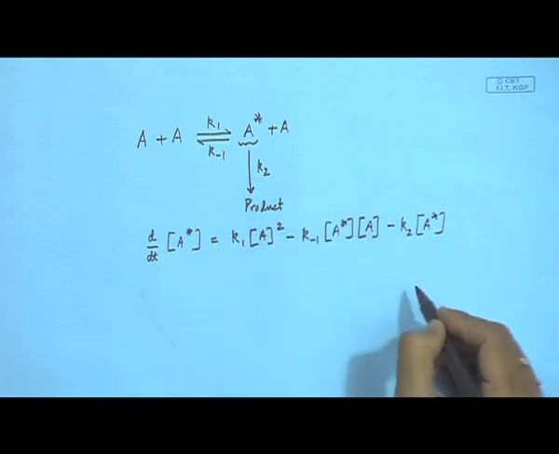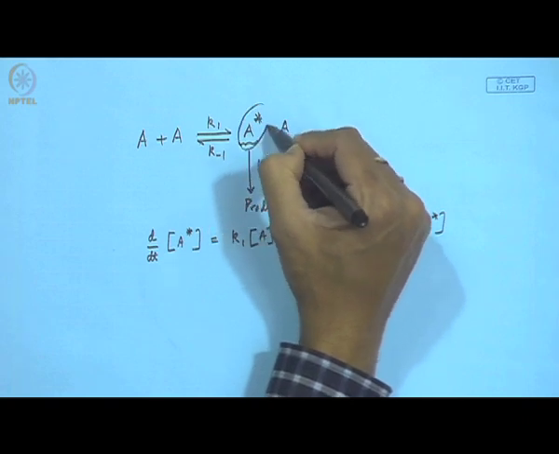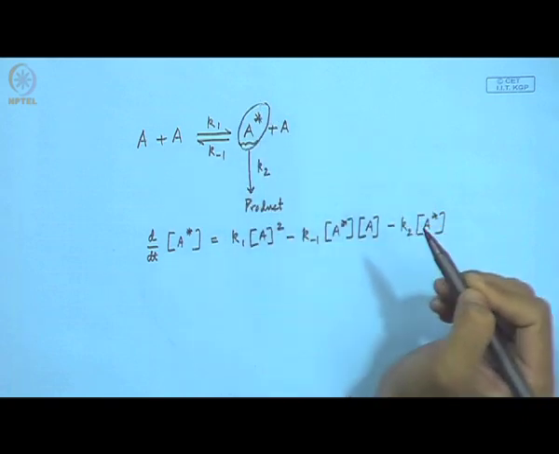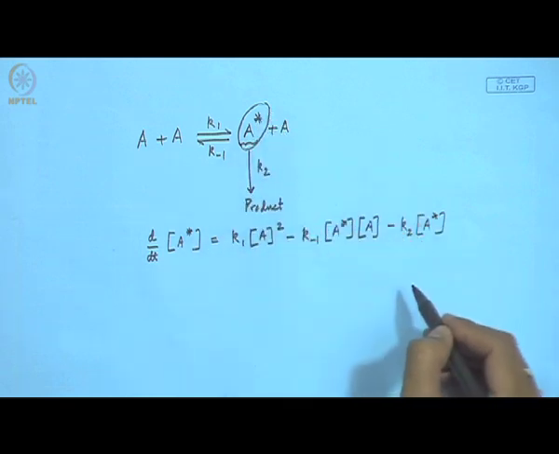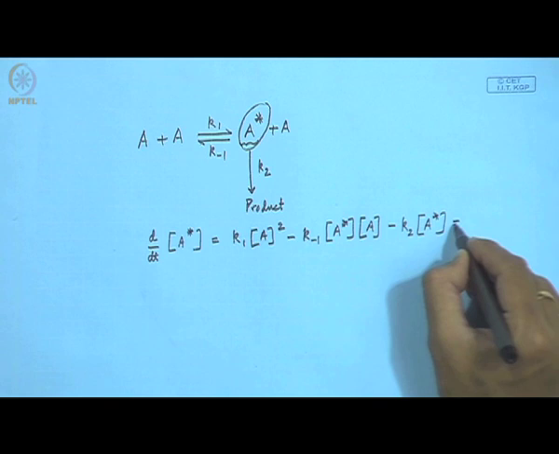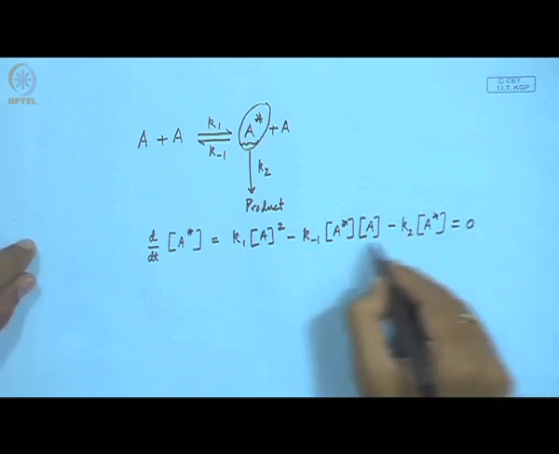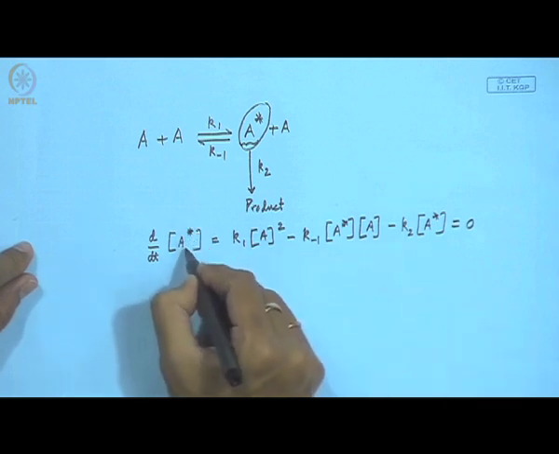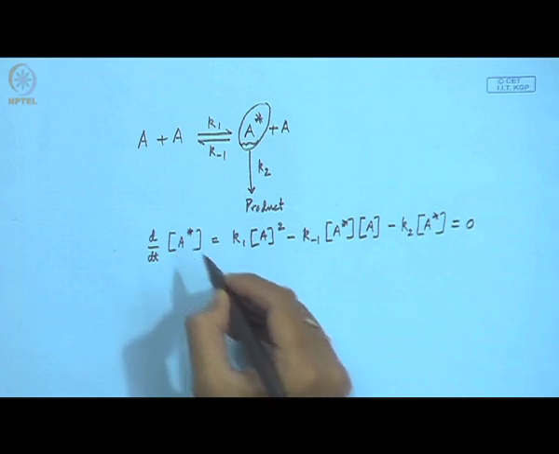Therefore, if you apply the steady state approximation to this reactive species, we have to put this to 0. That means the concentration of this species is steady with time.